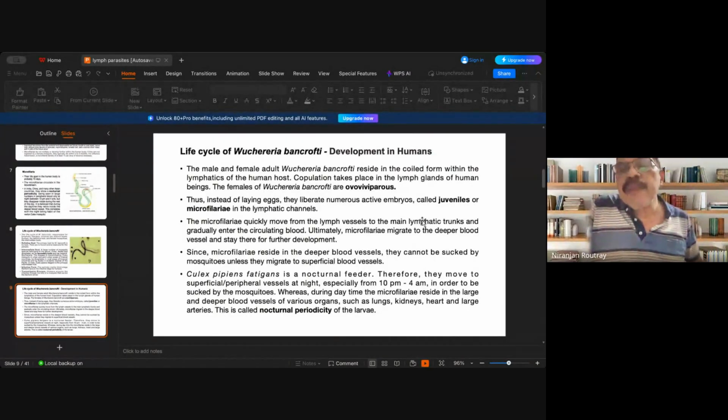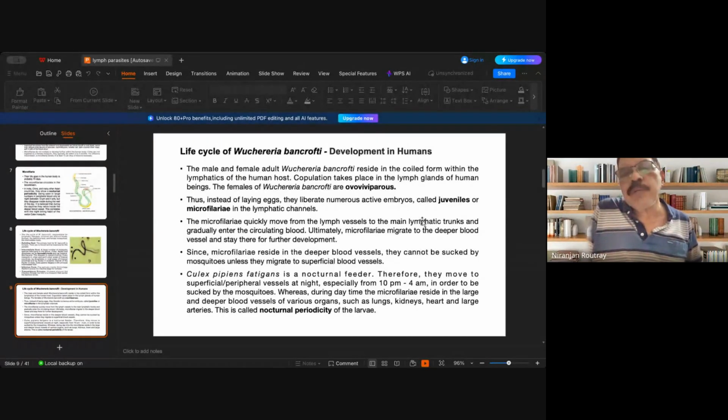Ultimately, microfilaria migrate to the deeper blood vessels and stay there for further development. So from the lymphatic vessel they have entered the blood vessel, and in the blood vessel they will remain for some time for further development, because immediately they cannot be infective, even if they are taken up by the mosquito.